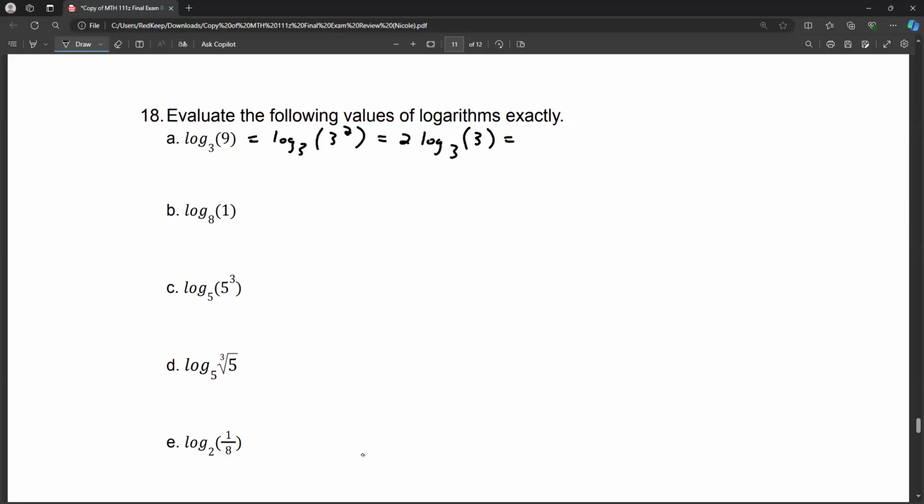And of course, being that log base b of b is equal to 1, log base 3 of 3 will be equal to 1. And then we would have 2 times 1, which is just equal to 2. For part B, this one's pretty easy, in some ways, because we stated that log base b of 1, no matter what the base b is, is equal to 0.